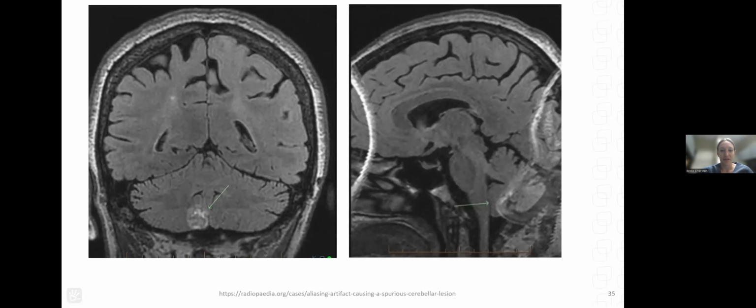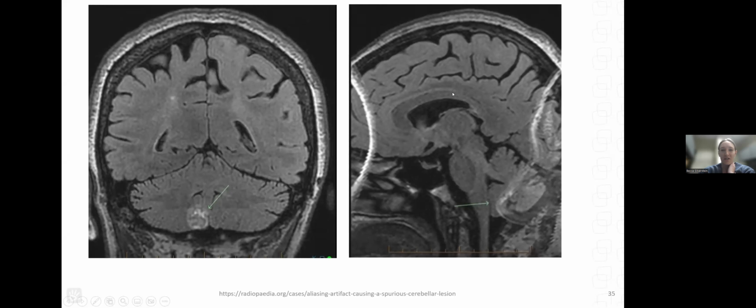So this is an example of the aliasing artifact. You can see here, actually, this is the patient's nose that was projected over the image in the center. So peripheral images get projected into the center of the image. And you would actually never notice this unless you looked at a sagittal cut in this particular case.